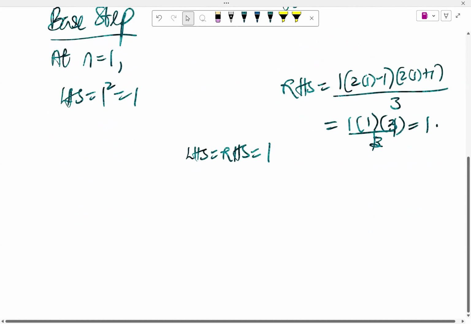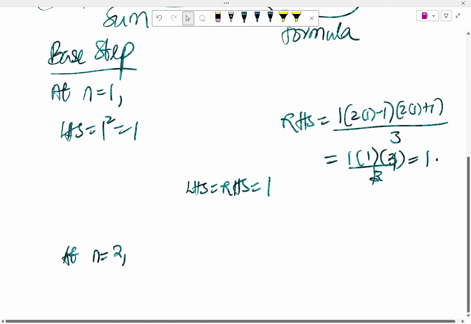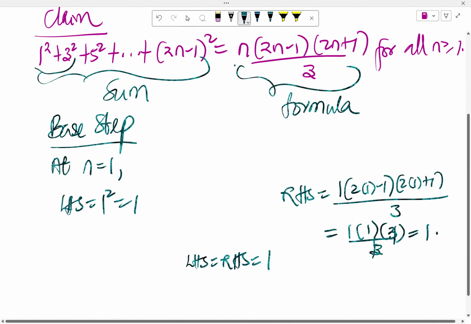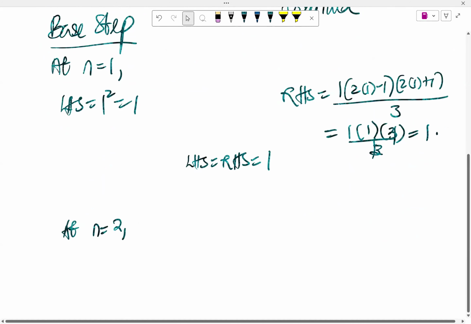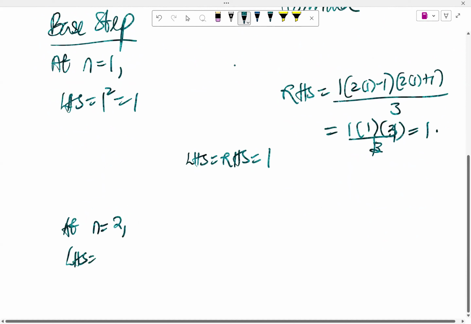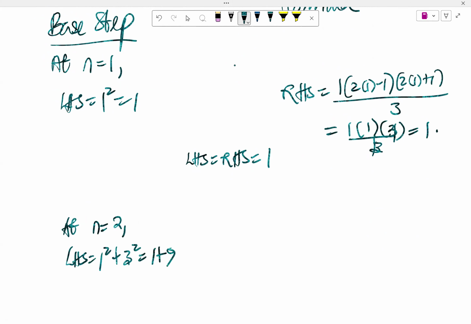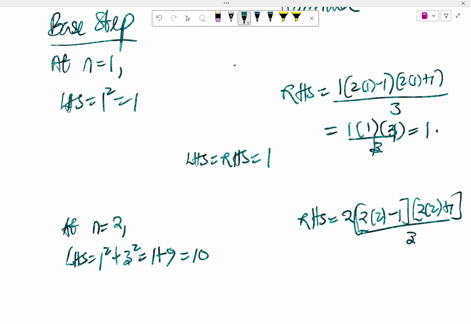Okay, so let's take it further. At n equals 2, what happens? Since you are summing, you have to sum these two terms together. The left-hand side is 1 squared plus 3 squared, and that is 1 plus 9, which is 10. But then on the right-hand side, you substitute n. That is 2 into (2 times 2 minus 1) into (2 times 2 plus 1), all over 3.